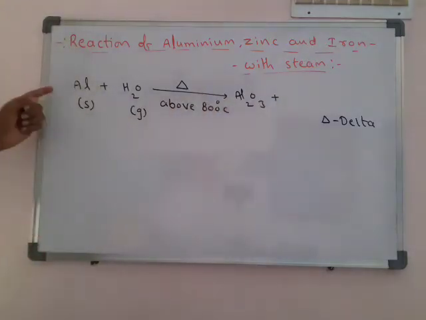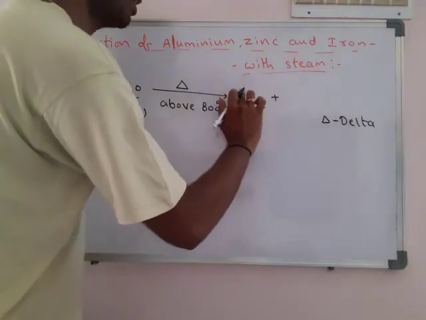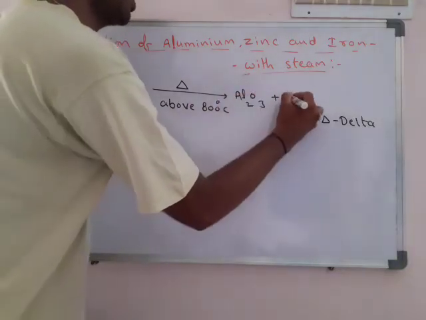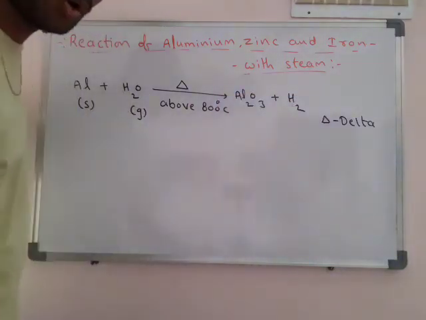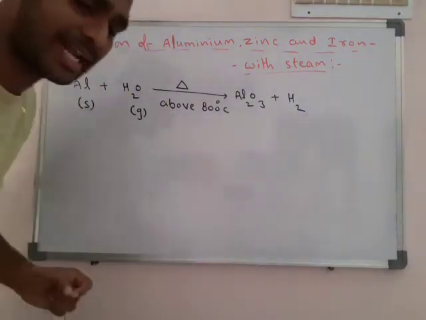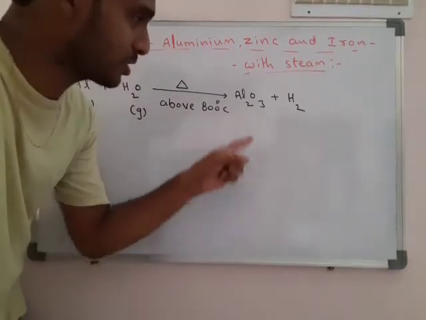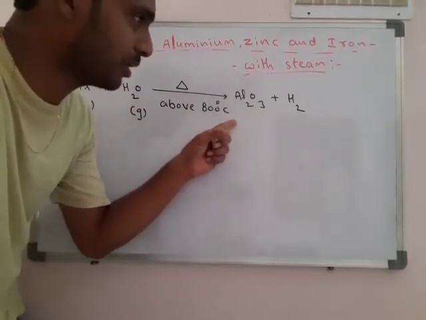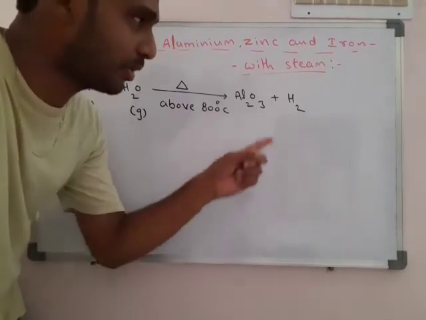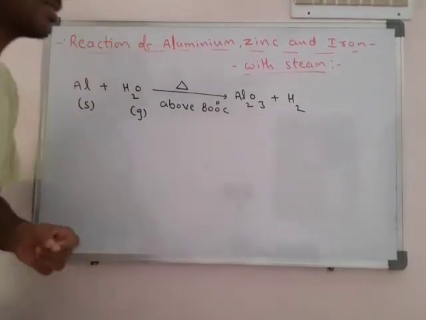This is important: aluminium metal is converted into aluminium oxide, and H2 gas is common in all reactions. Whether very reactive or less reactive metal, the products and by-products differ in each reaction, but hydrogen gas is common in all reactions.